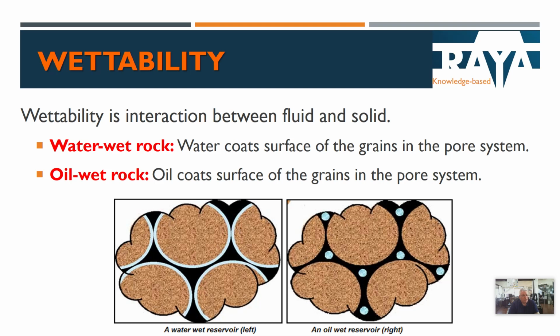For this, we need to know what capillary pressure is, what the effects on capillary pressure are, and how we use capillary pressure data for modeling the saturation height above free water level.